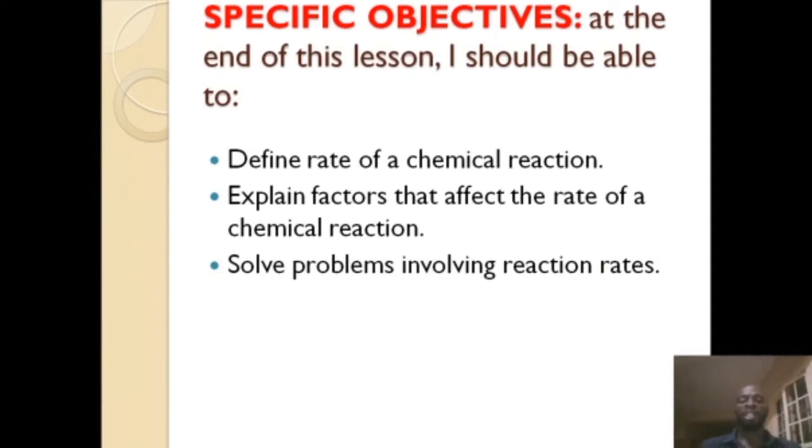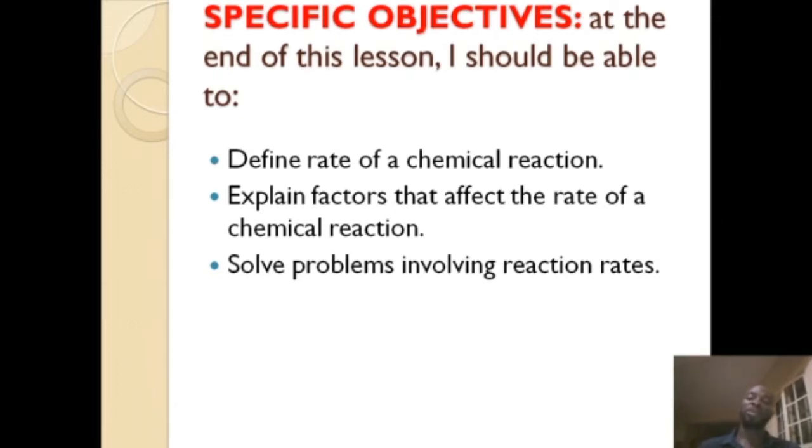Okay, let's look at the rate of a chemical reaction. When you hear the word rate, what comes to your mind? When I hear the word rate, what comes to my mind is speed.